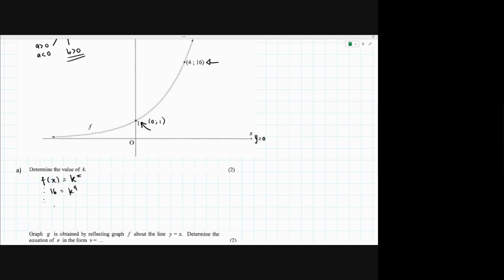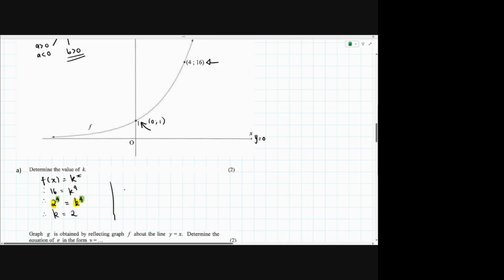Alternatively, you can write this in prime base form. So this 16 is 2 to the power 4, which means 2 to the power 4 is equal to k to the power 4. The exponents are already equal, which therefore means in order for this equation to actually be true, so for left side to equal right side, k must be equal to 2. All right? And so the value of k here is equal to 2.